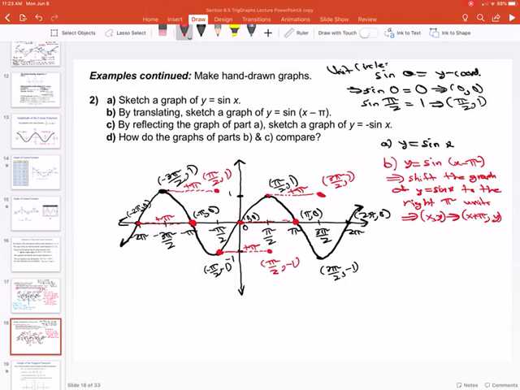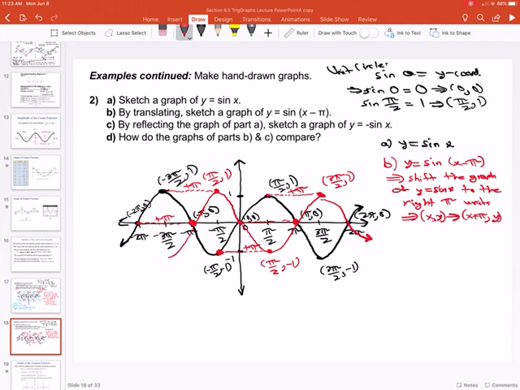So with that said, I've got enough to sketch it. If you look at this graph, and we built it in here, we can go ahead and connect these. So looking at our graph here in red, the graph shifted pi. So there's our graph, and this continues.